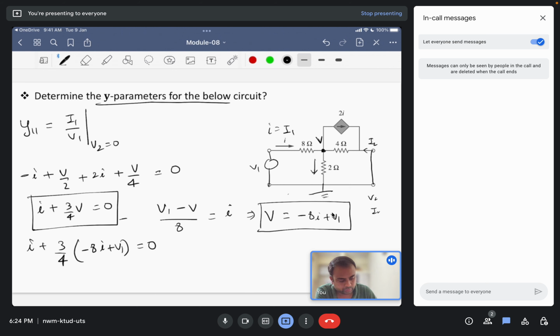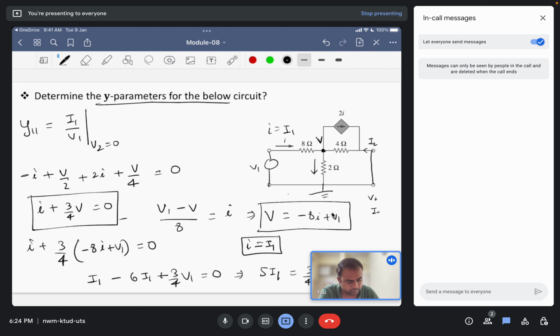So also I is I1. So I1 minus 6 I1 plus 3 by 4 V1 is equal to 0. So 5 I1 is equal to 3 by 4 V1.